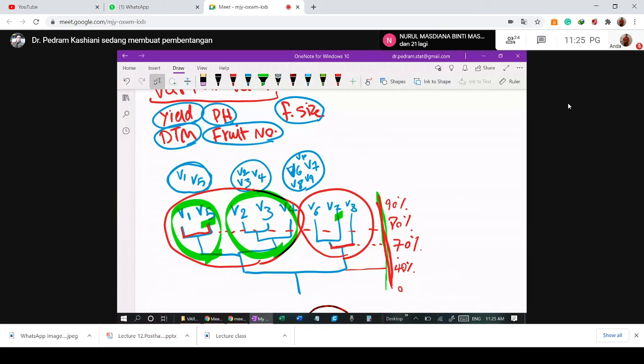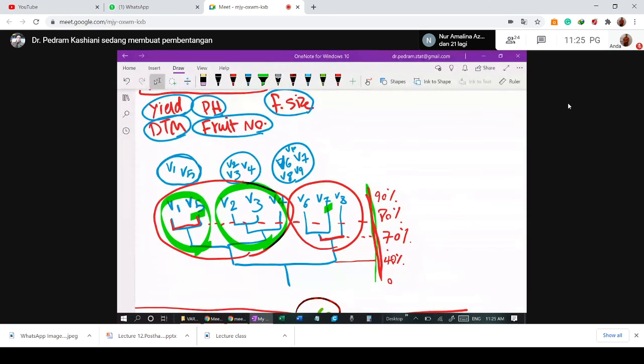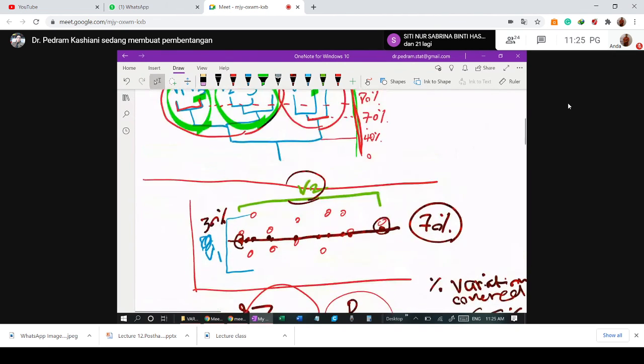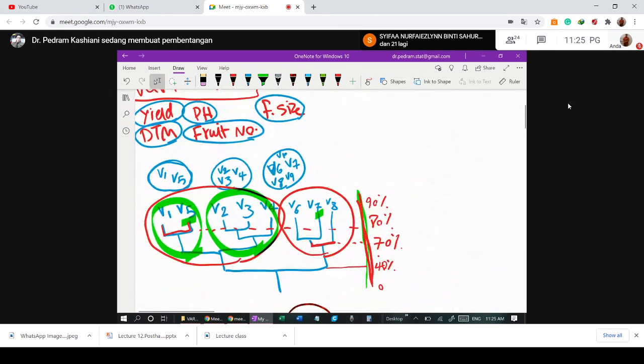Remember that, for example, when I was doing my PhD, I wanted to select parents. I have data from phenotype and also DNA. So for both of them, I used cluster analysis and PCA to show what the variations are.